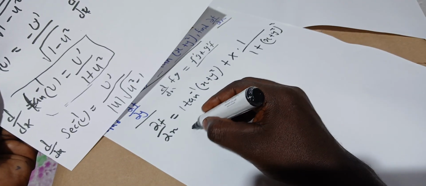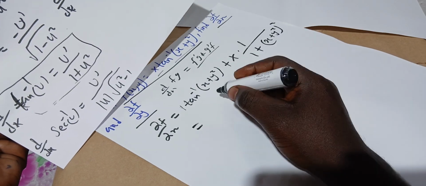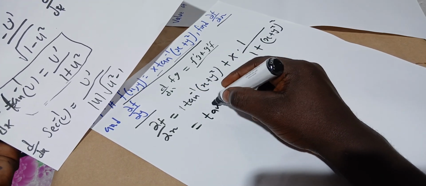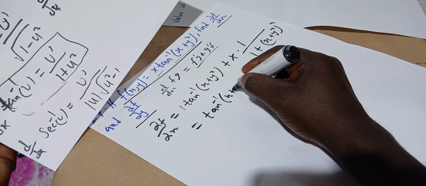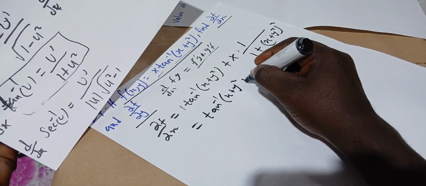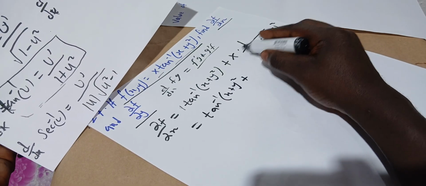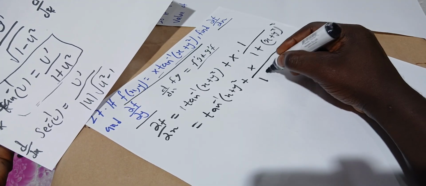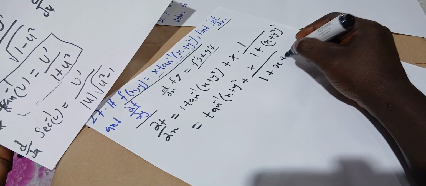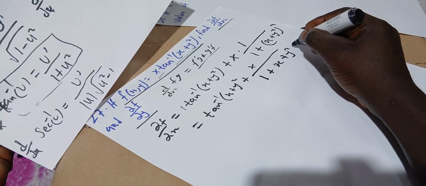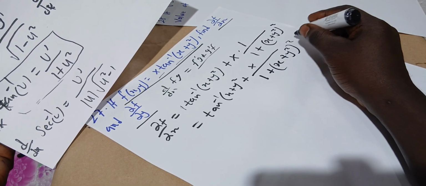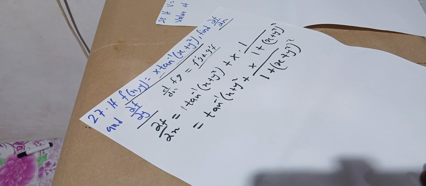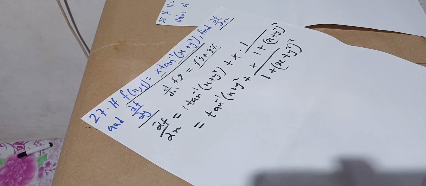So we can further simplify this: we have 1 times tan inverse of this, the same as tan inverse of (x plus y squared), plus x by 1, which is the same as x, all divided by 1 plus (x plus y squared) all squared, right? So that is it for the f dx.